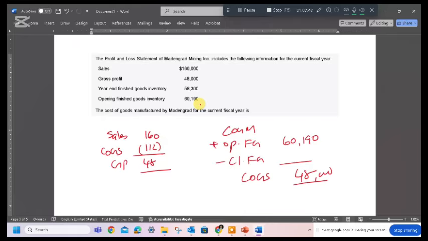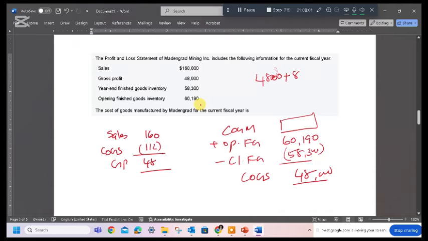Closing inventory, year end finished goods 58,300. So you have to go backwards. When you are going backwards, do the opposite operations. 48,000 plus 58,300 minus 60,190. What do you get? $46,110.